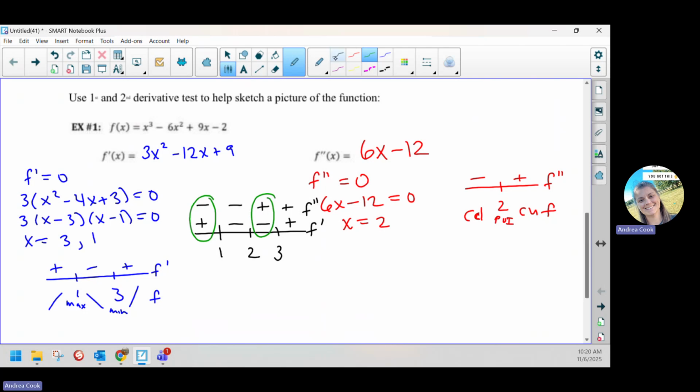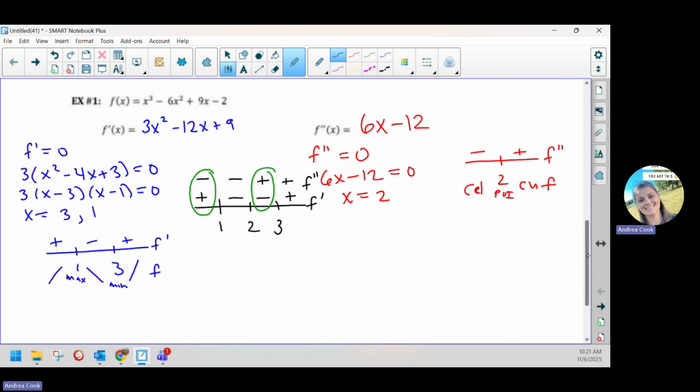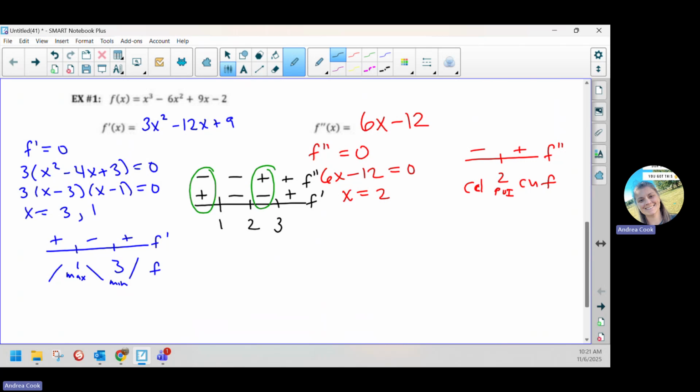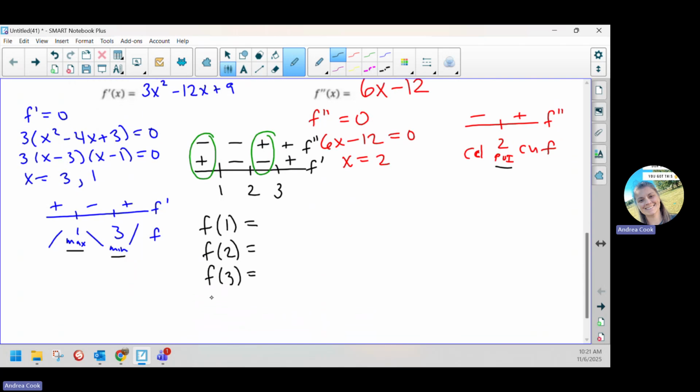Okay, so now we're going to take these things and we are going to graph them. Well, we have some points now. We have these critical values where there's going to be a max, a min, and a point of inflection. So I'm actually going to go ahead and find what is f of 1, what is f of 2, and what is f of 3, so I can get some points on my graph. And I'm actually going to do f of 0 too, because that's just easy to plug in.